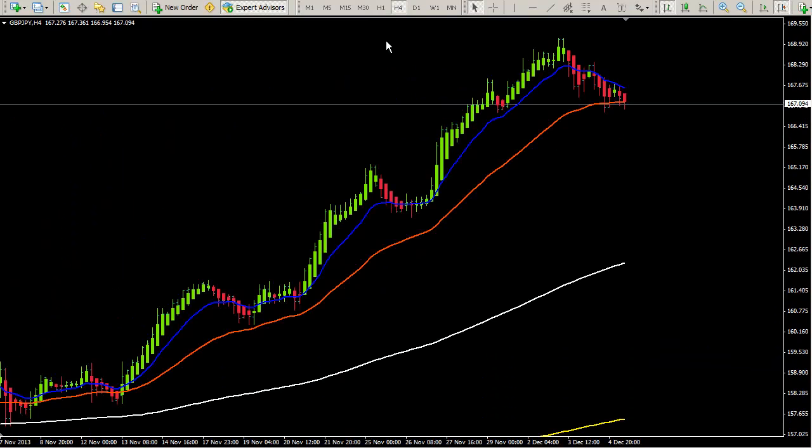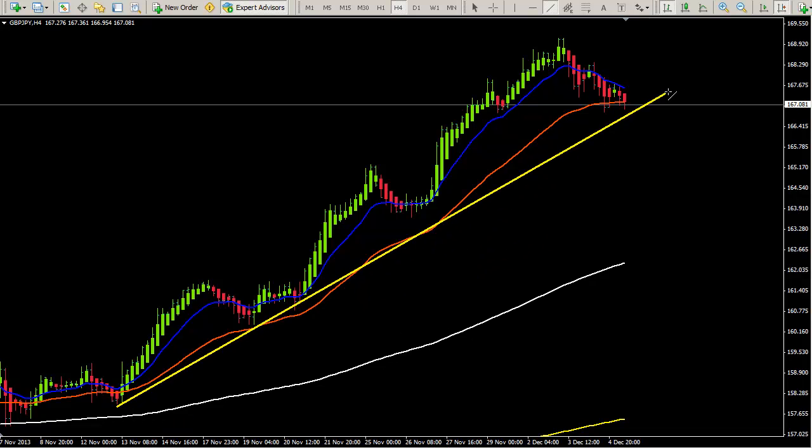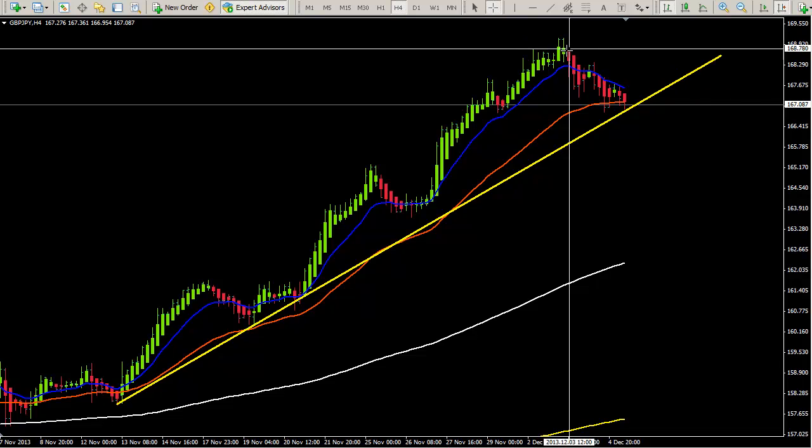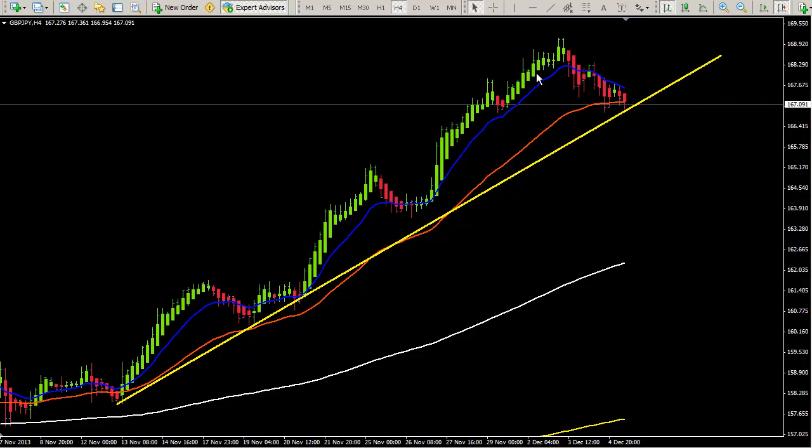Okay, there we go. So on the 4 hourly, now it's a very crucial point here. Okay, Edward is still long, that's great. And you see the price is at the 36 and trying to do something here. So it will be interesting to see what happens here.